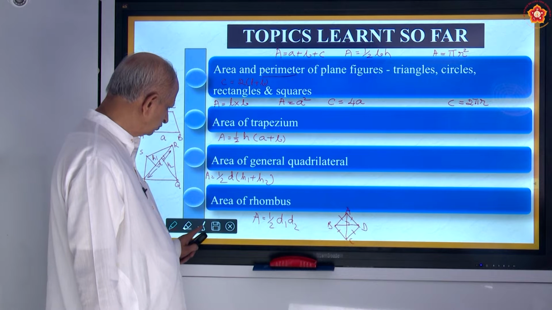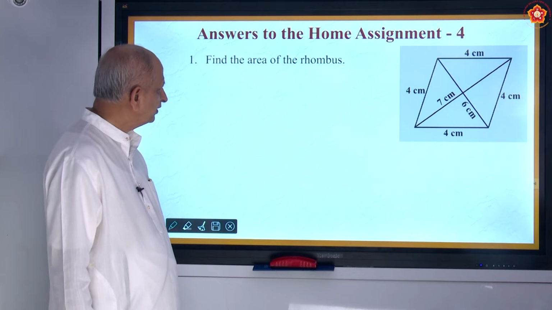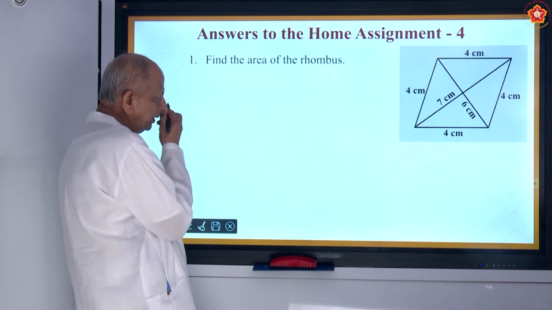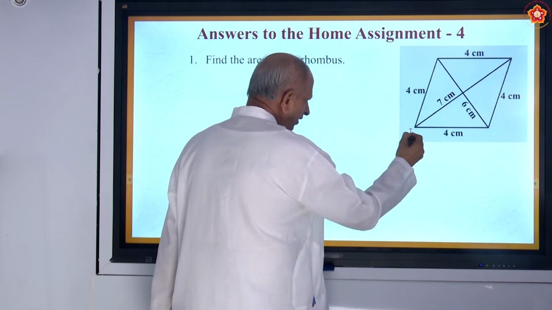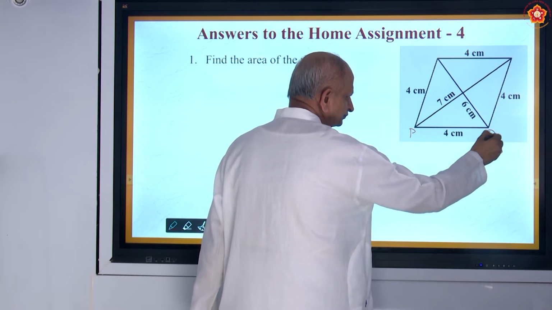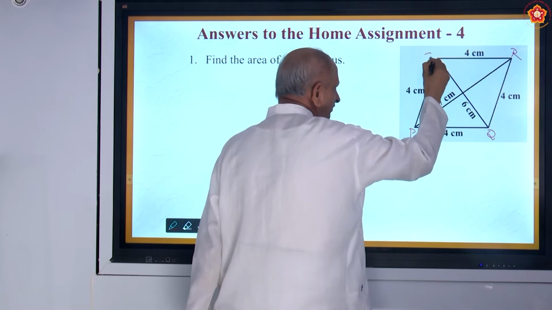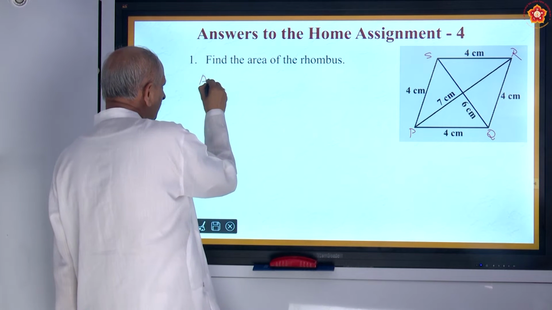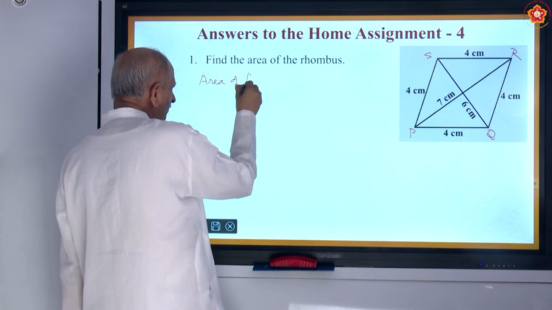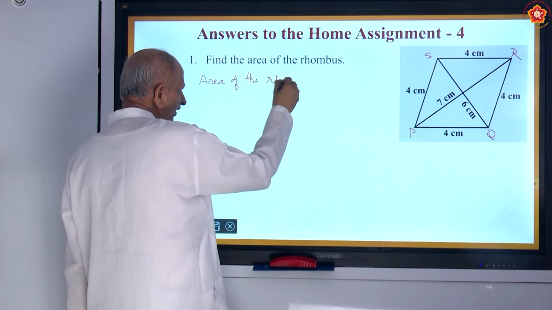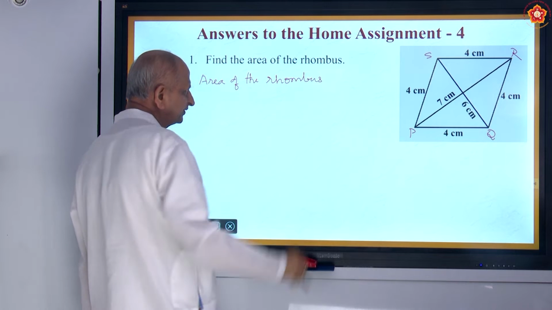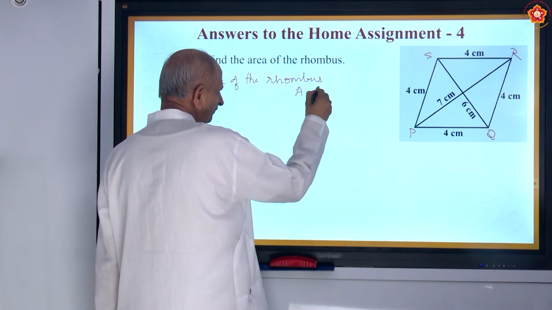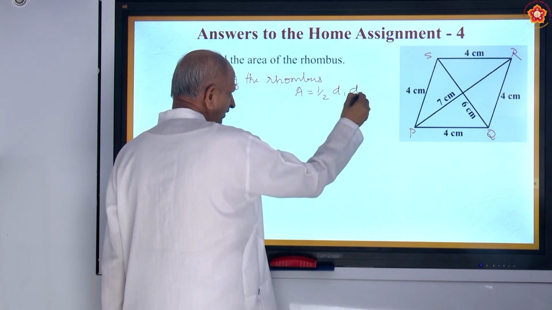Now we will come to home assignment. Okay, first question, find the area of the rhombus. You can name it. Suppose you have PQRS and the diagonal is called PR here. One diagonal, another diagonal. So area of the rhombus, R-H-O-M-B-U-S. Note the spellings also. Okay, A is equal to half of D1, D2.